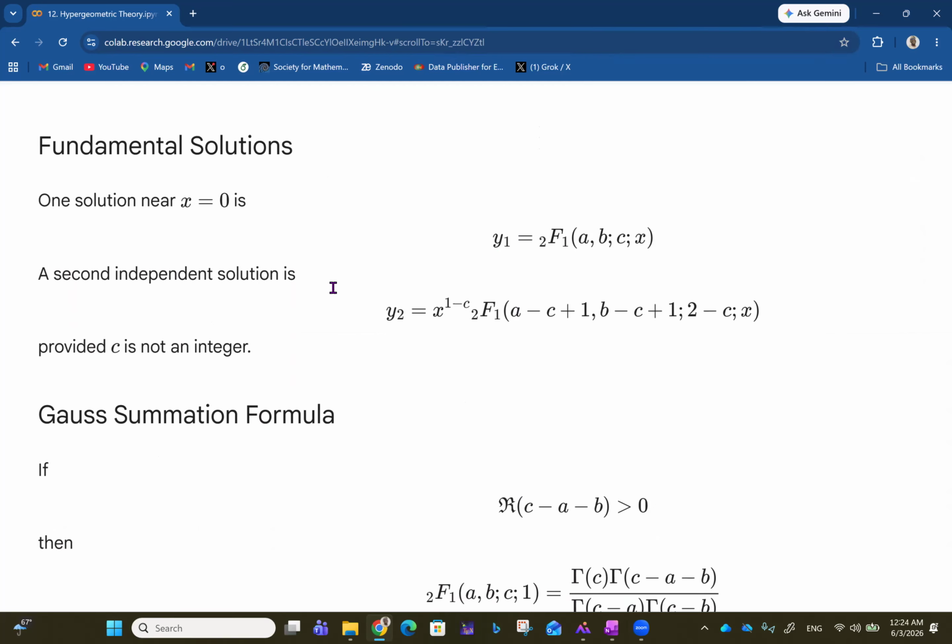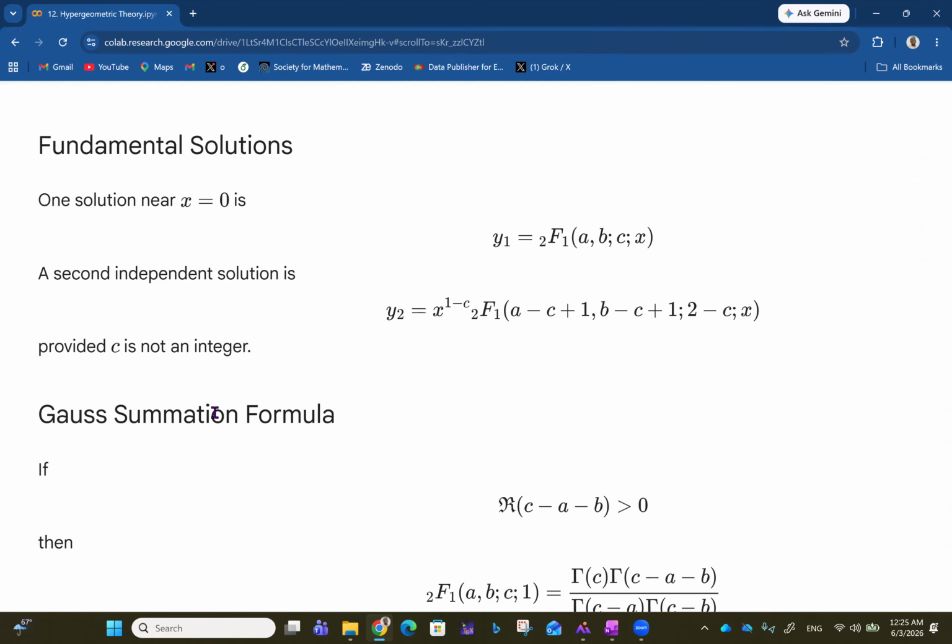A second independent solution will then be y2, which is x raised to 1 minus c times 2F1(a minus c plus 1, b minus c plus 1; 2 minus c; x), provided that c is not an integer.